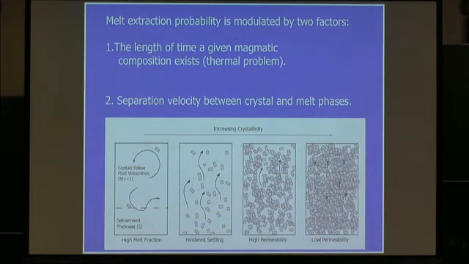Okay, so what I'll show you in a second are these probability distribution curves for extraction. But what I want to indicate here is what these curves themselves are being influenced by: two major effects. One is a thermal effect, which is going to set how much time you'll spend at any particular crystallinity. So if you intrude something on its liquidus, it's going to have really strong thermal gradients. It's going to drive it away from that very quickly.